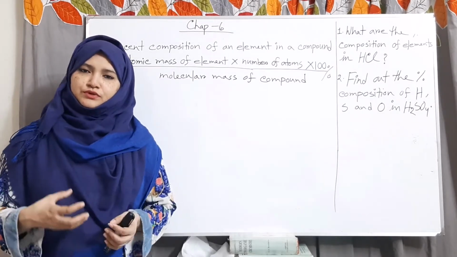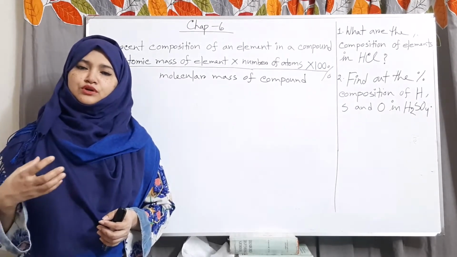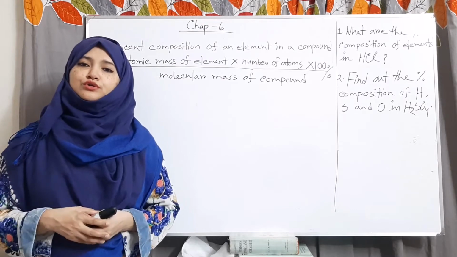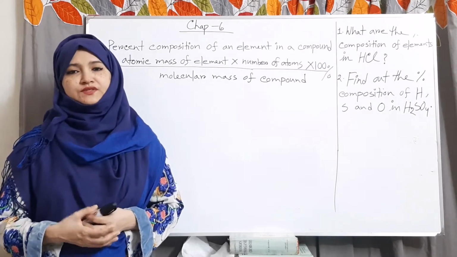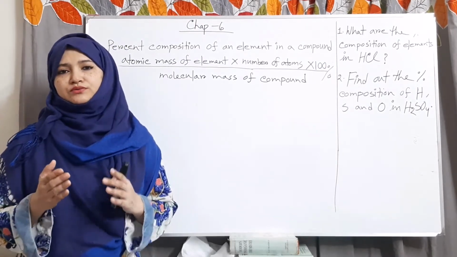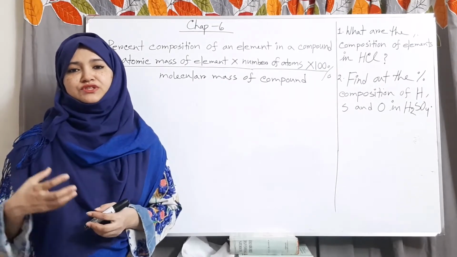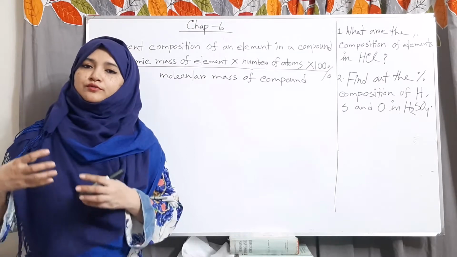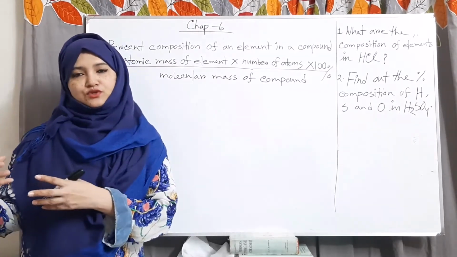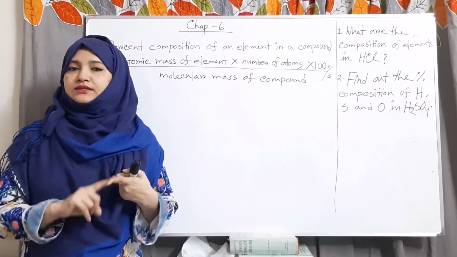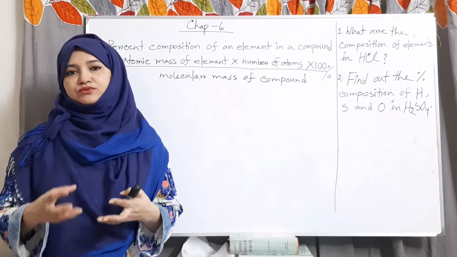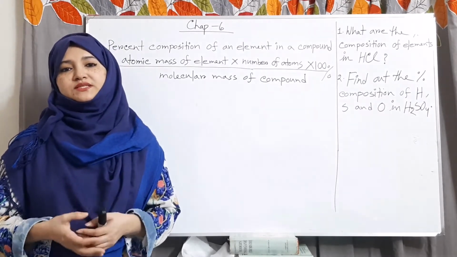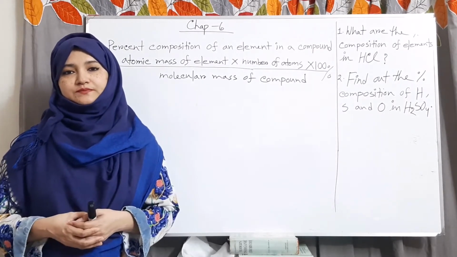That means if a compound or molecule has two or more constituent elements, that means a compound is made of two or more different elements, then the amount of the atoms of each element in 100 gram of that compound is known as the percent composition of that element.